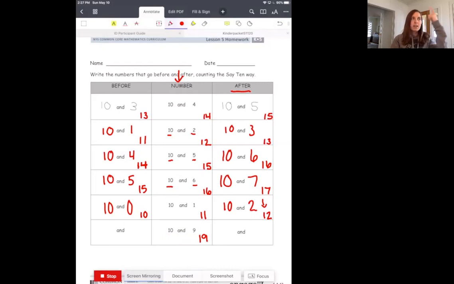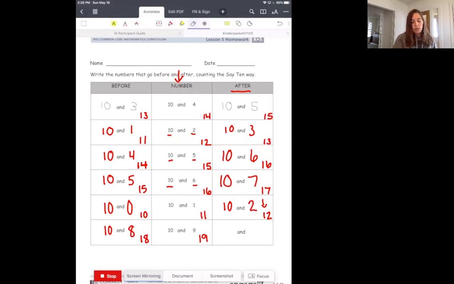Count backwards. 19, 18. So 18, look at your number. It's 1 group of 10. And how many ones? 8. 1 group of 10 and 8 ones.